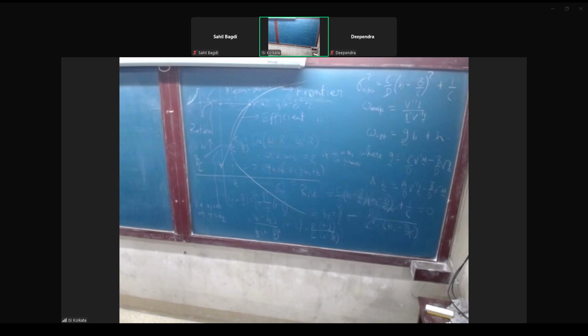How does this graph change? That's the relation, sigma versus b, right? It is the locus of these points.